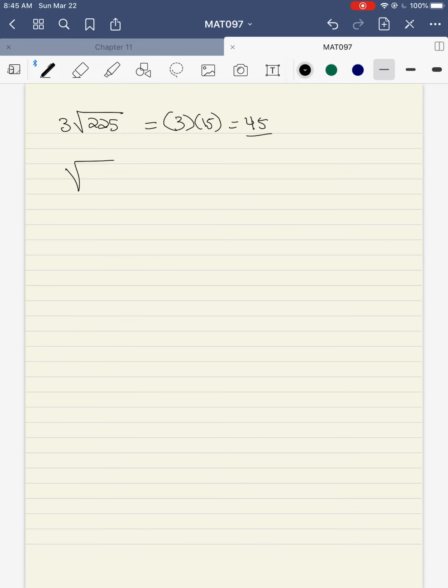Let's try one more. Let's do square root of 500. Square root of 500 on my calculator is not a perfect square. So what I'm going to have to do is figure out, how do I make a 500? A 500 is made by multiplying 50 times 10. And now what I'm going to do is break that apart. And I'm going to be thinking of perfect squares as I'm doing this. 50 is going to be 25 times 2.